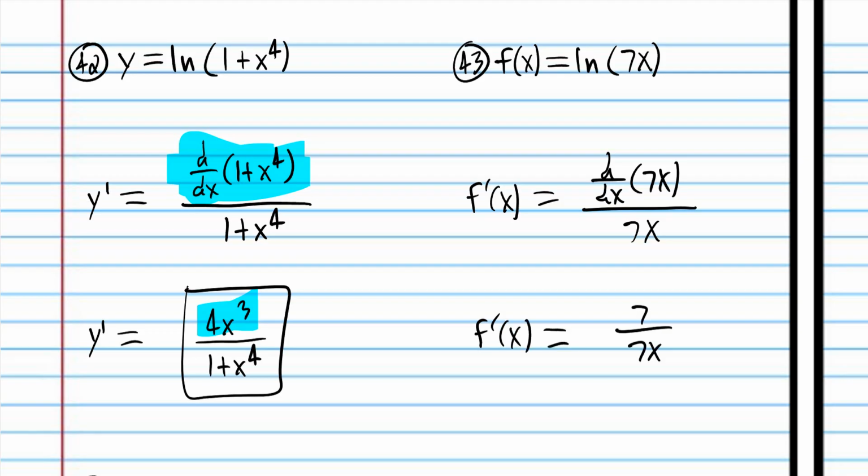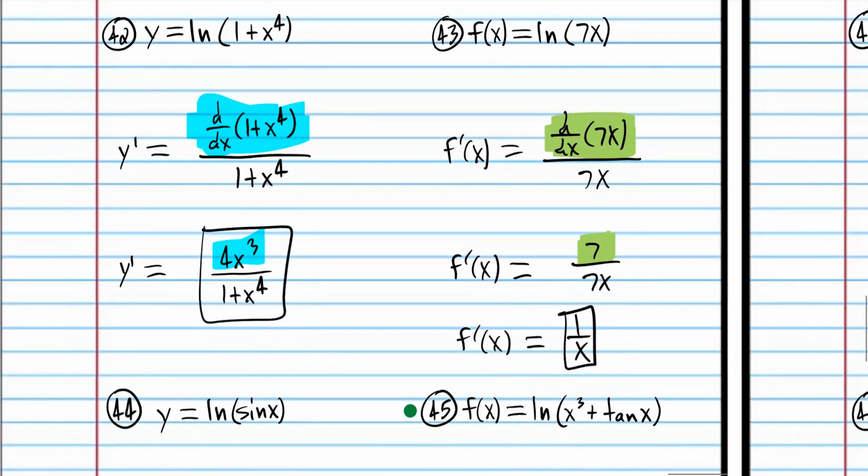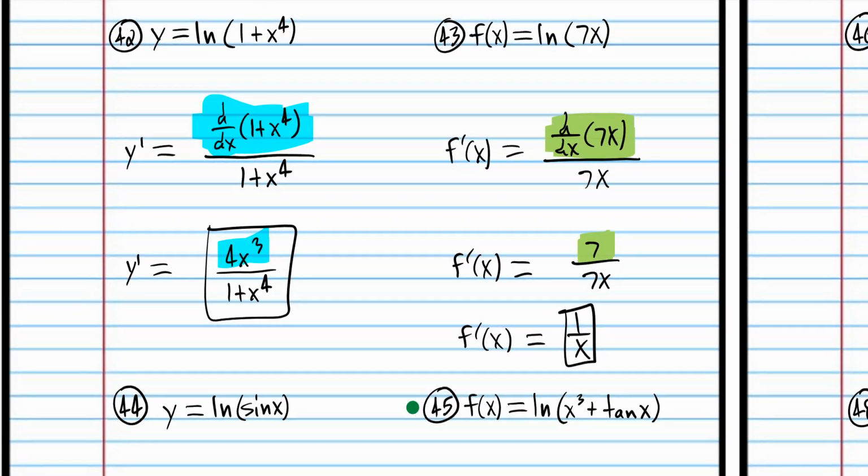So we get 7 over 7x because the derivative of 7x is 7. But we can simplify that by canceling out the 7's, and we get 1 over x. So there's another example. Again, this is a really, really important formula that you're going to use quite a bit.